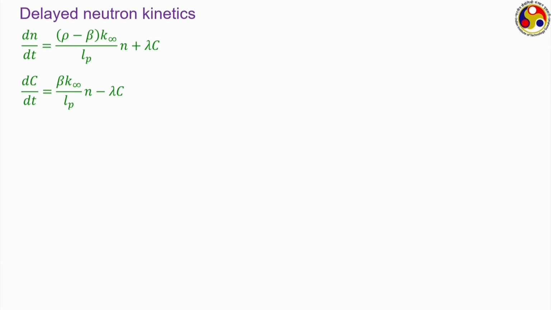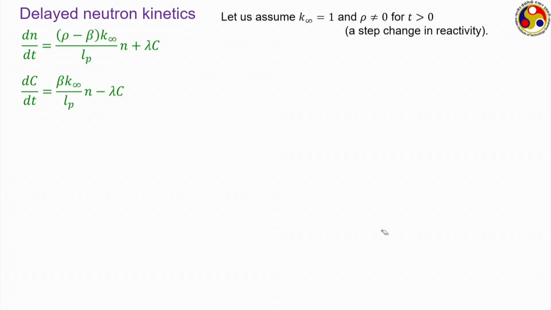The second equation, dC/dt, represents the rate at which the concentration of the delayed neutrons changes. Here the first term on the right hand side represents its rate of production, and the second one represents the rate of decay.